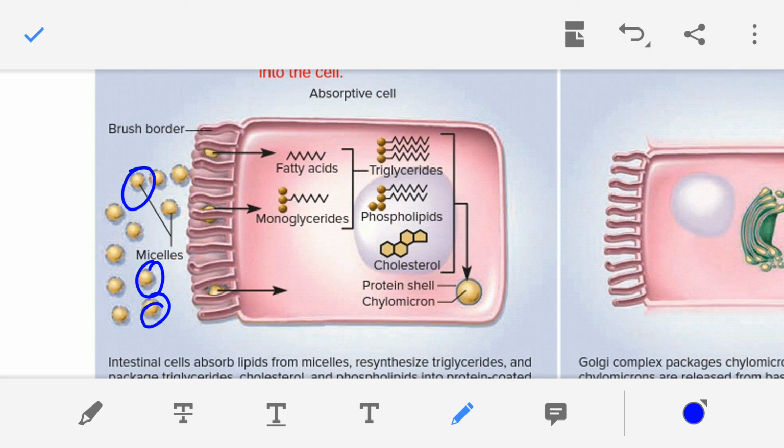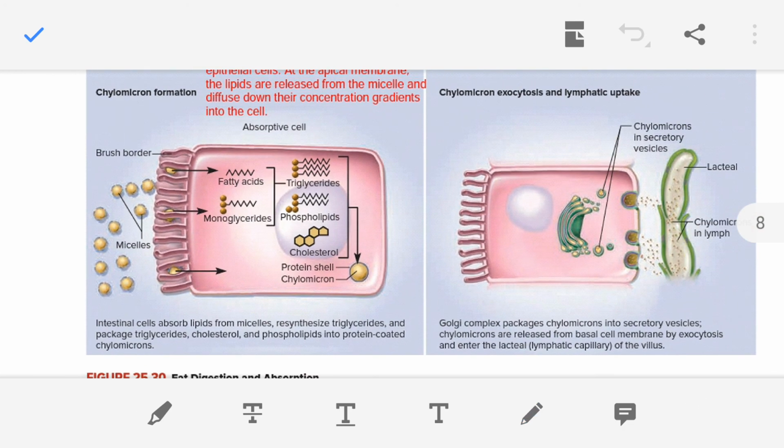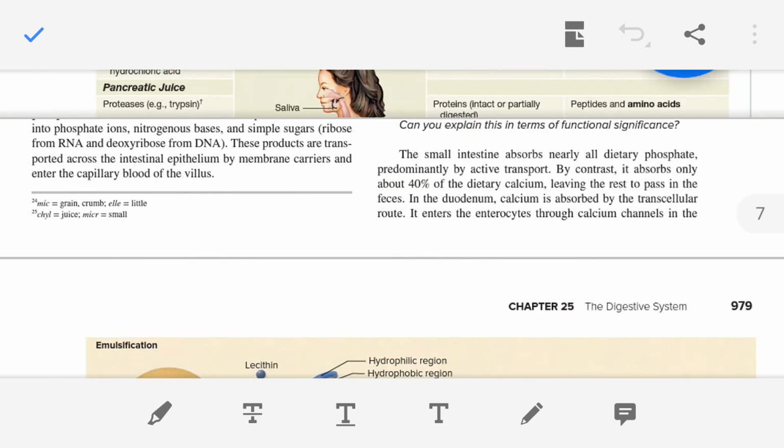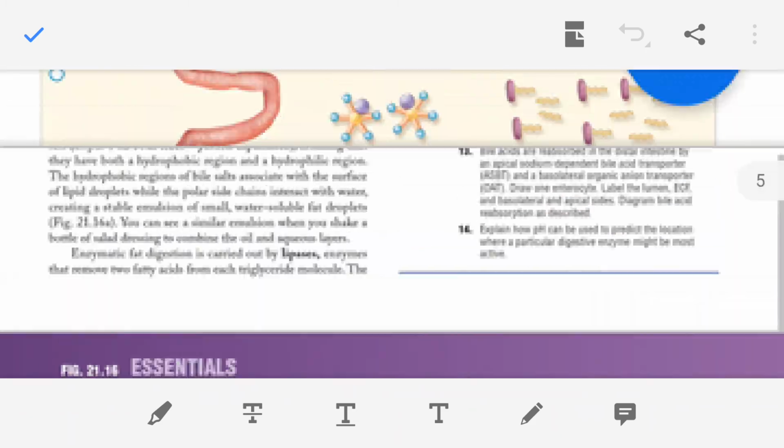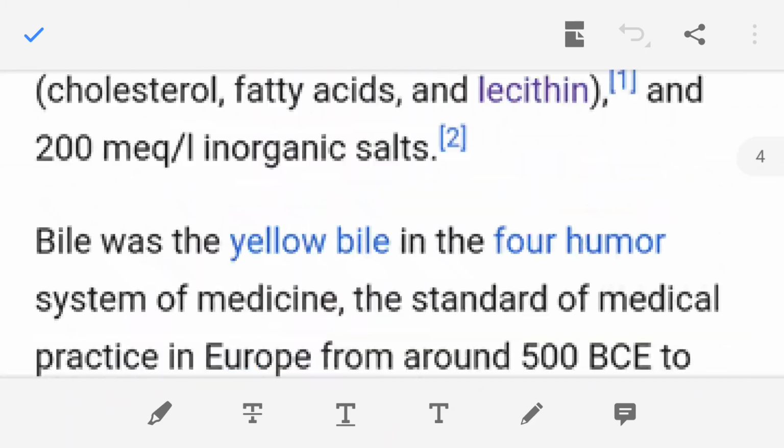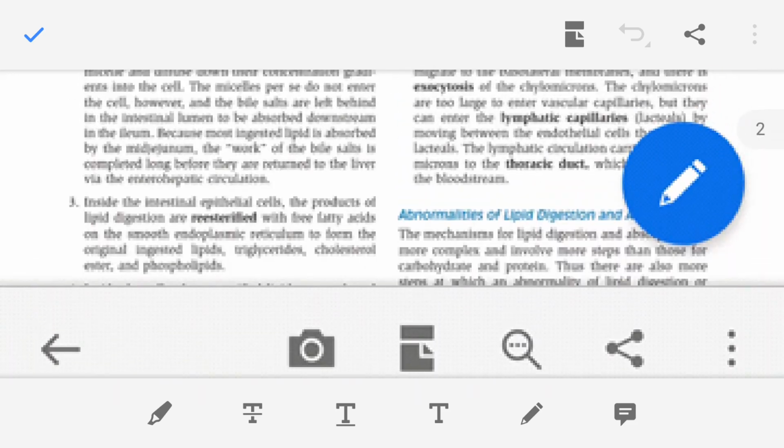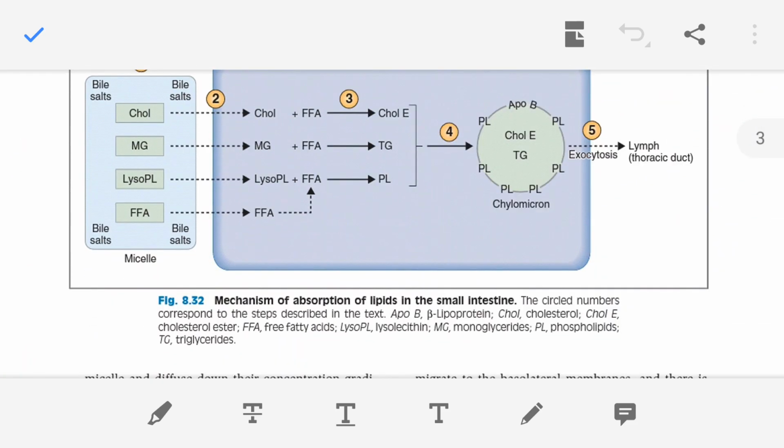So all the products of lipid digestion are entering into the enterocyte cell. Now, which are the lipid digestion products and which lipids are entering into the enterocyte cell?